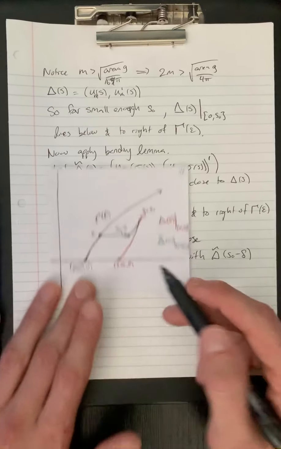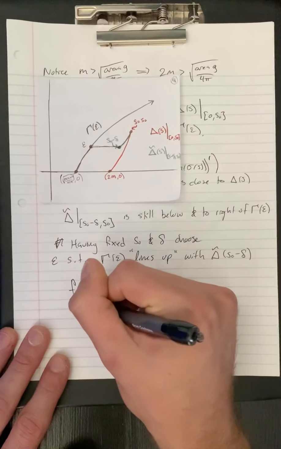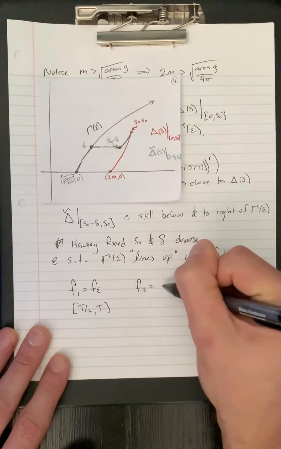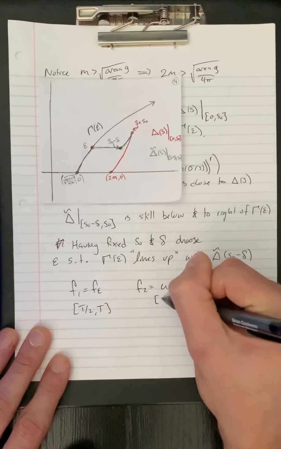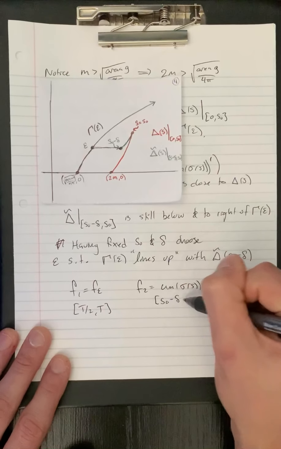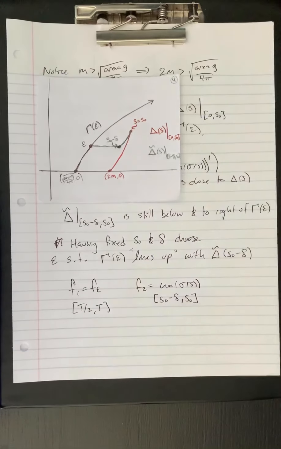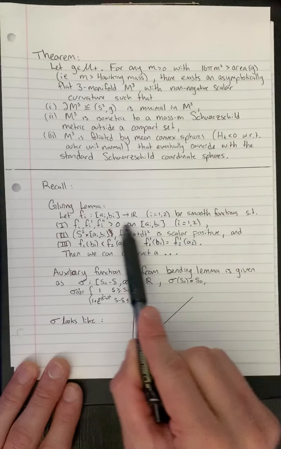And so if we take f1 equals f epsilon on the interval t over 2t, and f2 equal sigma of S on S0 minus delta to S0, then this condition is satisfied. We've talked about that already.